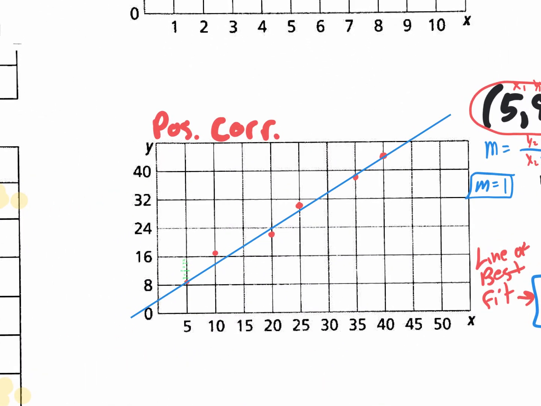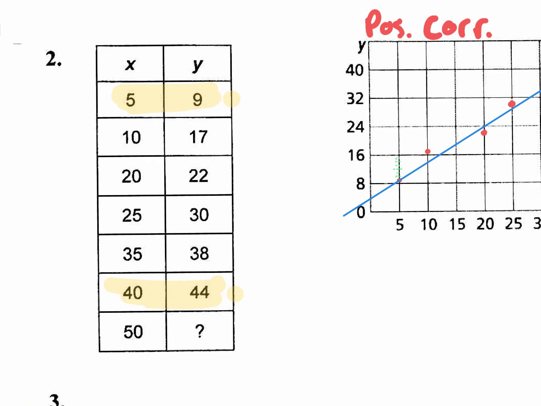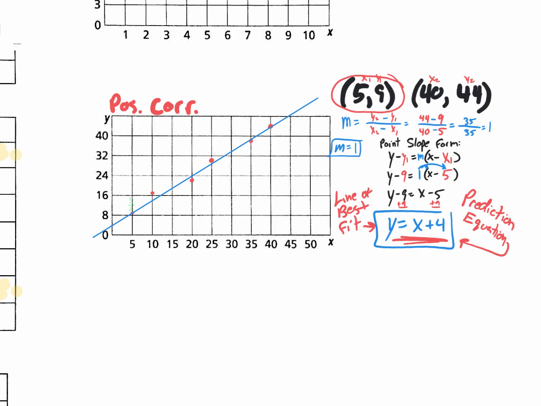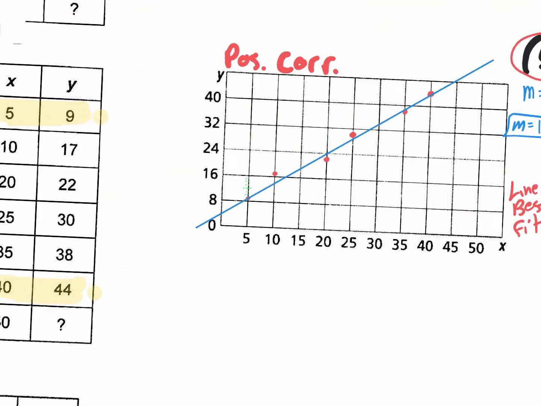So here's our XY plane, and the last input-output value is 50 and question mark. So look, if I go to 50, where's my blue line at? It's going to be up here somewhere, but of course I want it to be exact, so I'm going to use my prediction equation, which we just said was y equals x plus 4.